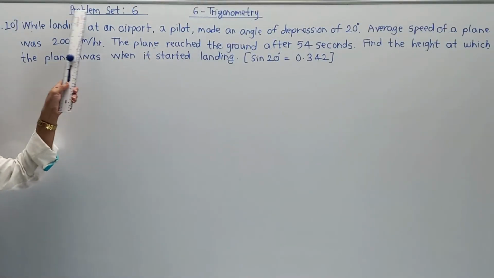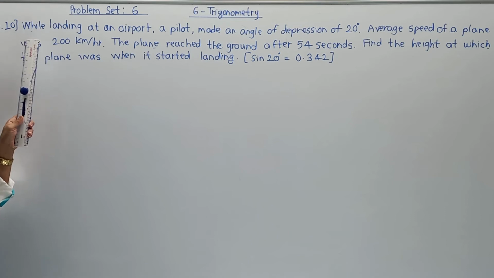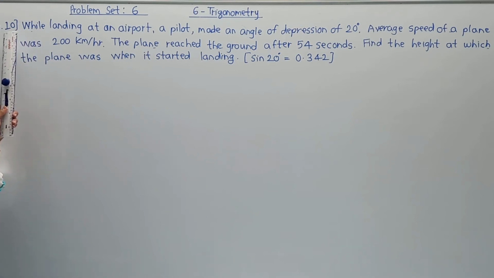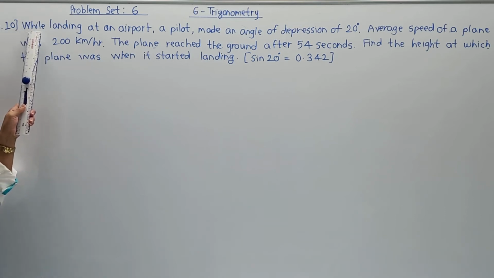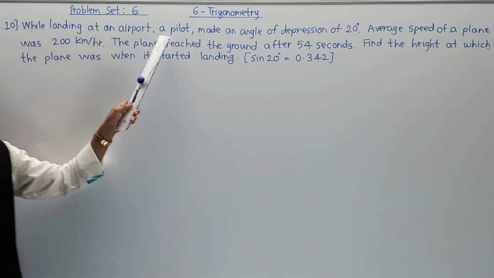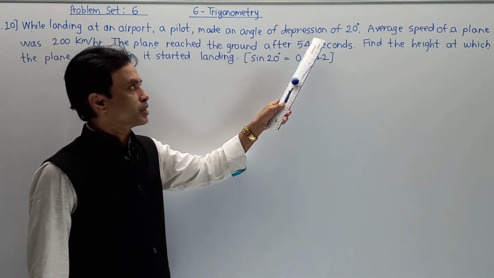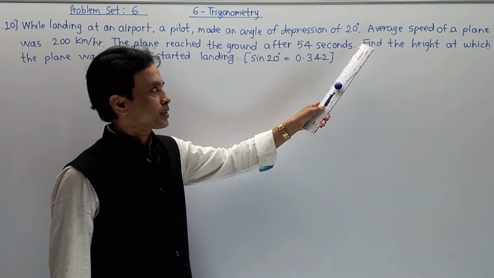Trigonometric ratio, problem set 6, question number 10, the last numerical of that part. While landing at an airport, a pilot made an angle of depression of 20 degree.